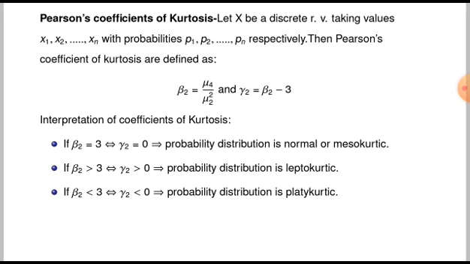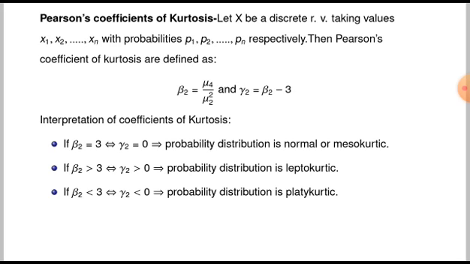If beta 2 is greater than 3, which is equivalent to gamma 2 greater than 0, this implies the probability distribution is leptokurtic. Leptokurtic means the probability curve is more peaked at the point of symmetry.